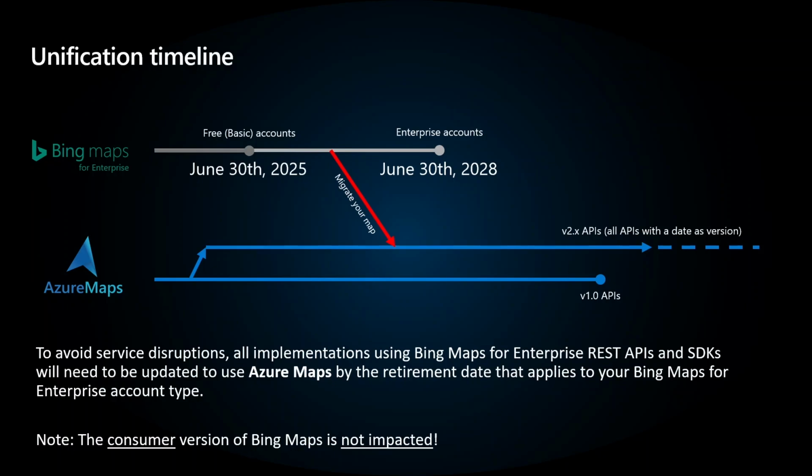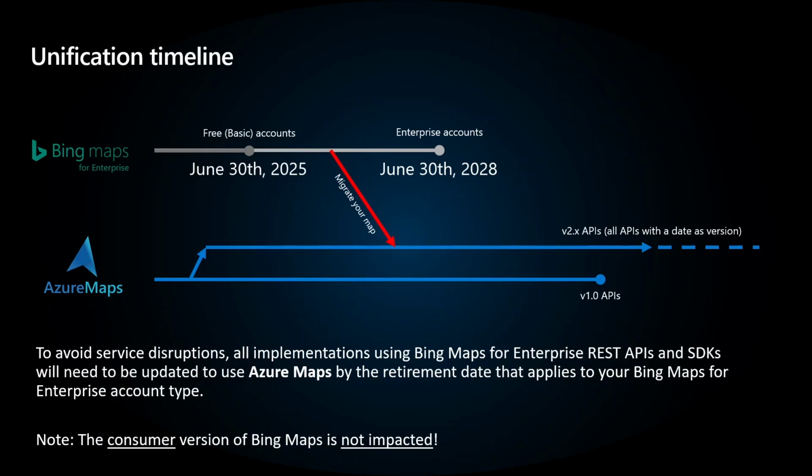That's how Azure in general works with APIs, with a date as a version number. So for everything that is using the version 1 APIs, don't try to migrate to those, because they also in the end have an end date. Please jump to the newer versions of the Azure Maps APIs so that we continue those for a way longer time than the version 1 APIs.